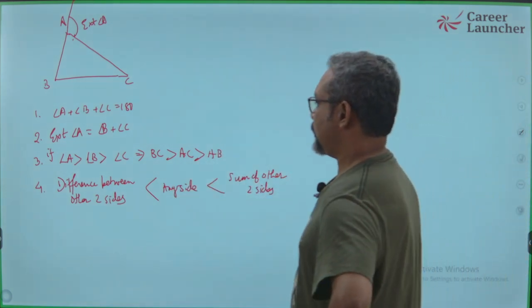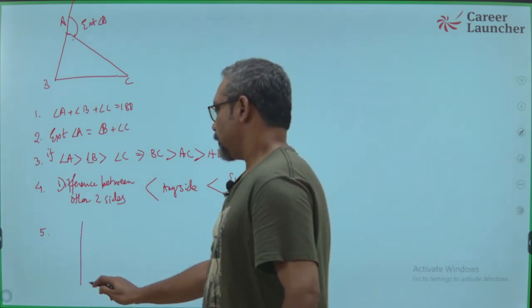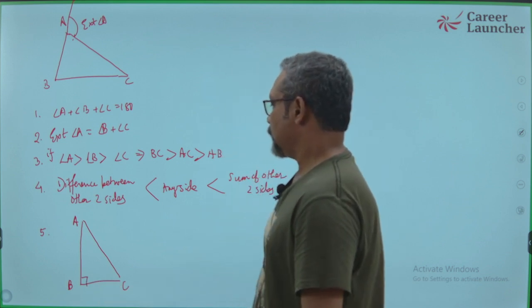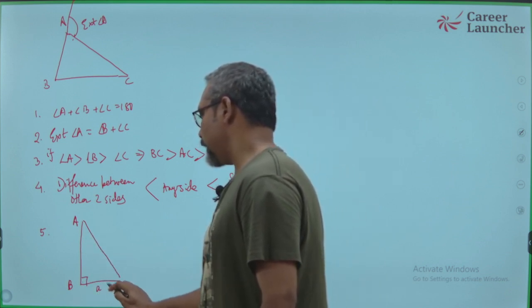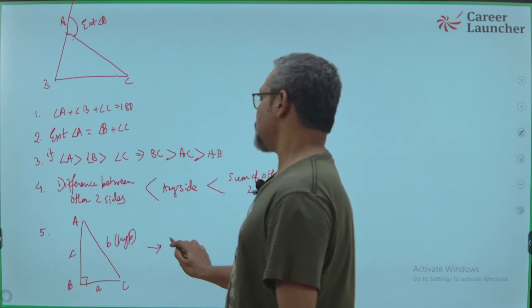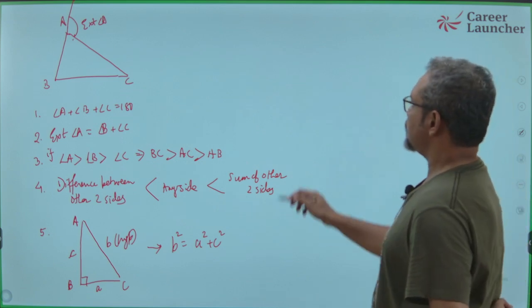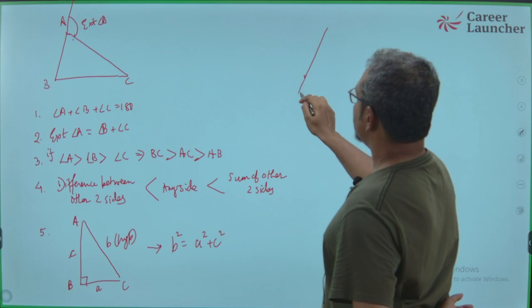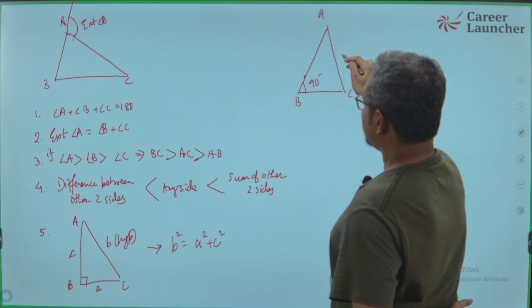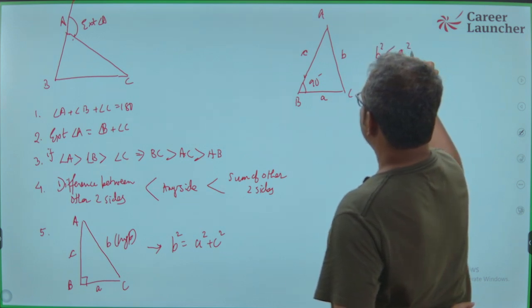Okay, number 5, Pythagoras theorem. Pythagoras theorem basically, an extension of this: if this angle at B is less than 90 degrees, so this B is now less than 90, it is an acute angle, then the property would be B squared is less than A squared plus C squared.